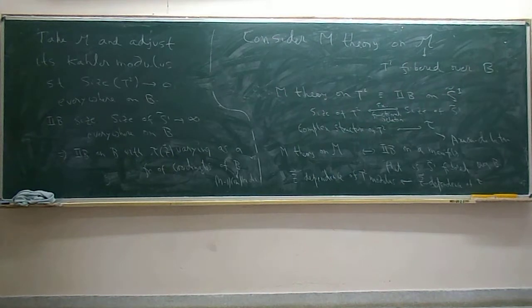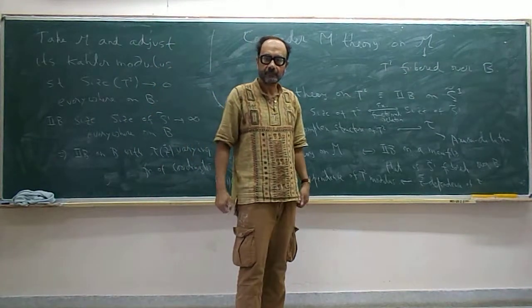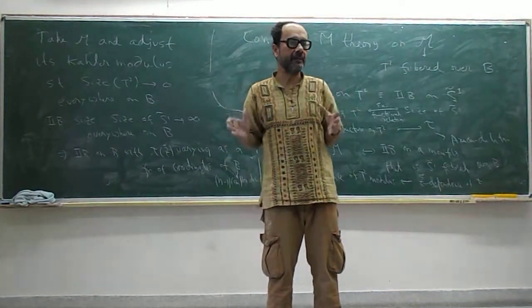So if I understand it correctly, the whole motive was to give the axion dilaton field to be a function of the internal manifold. Yes, that's right. This is one way of generating a compactification where axion dilaton fields vary as a function of the internal manifold. So the general prescription is that you start with a Calabi-Yau n-fold which is elliptically fibered.